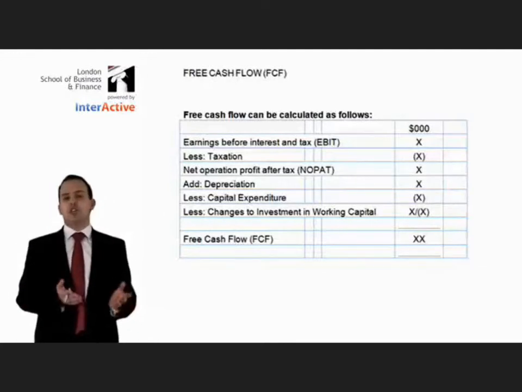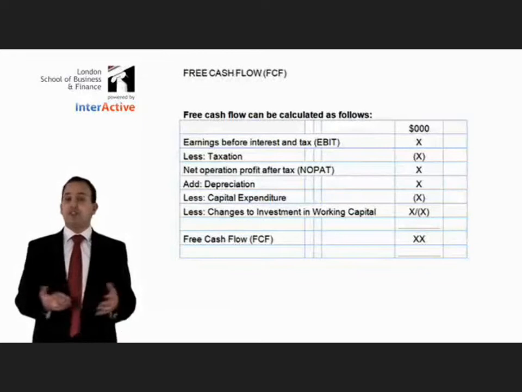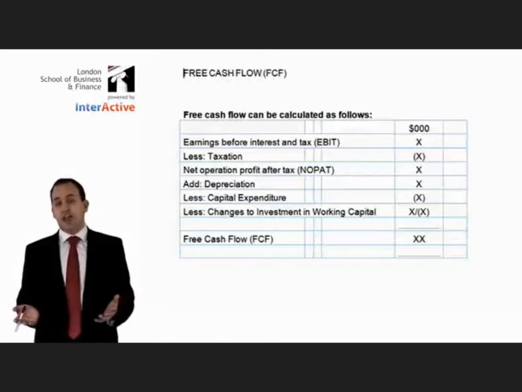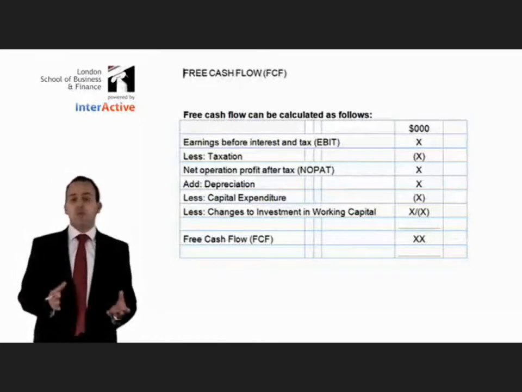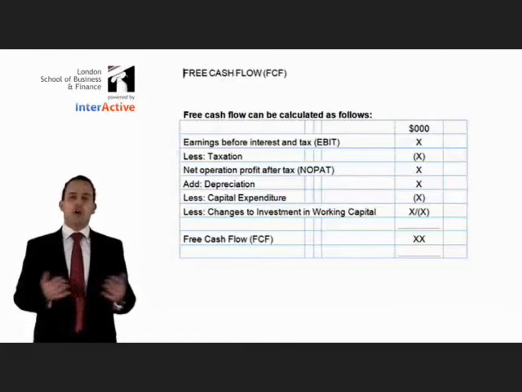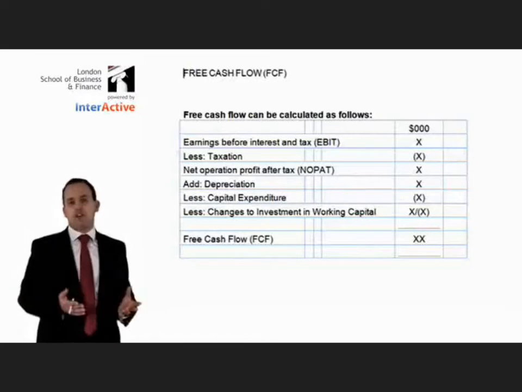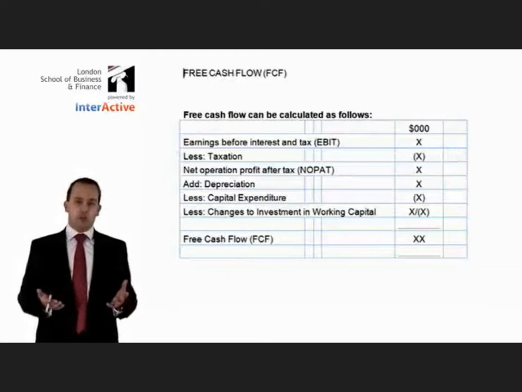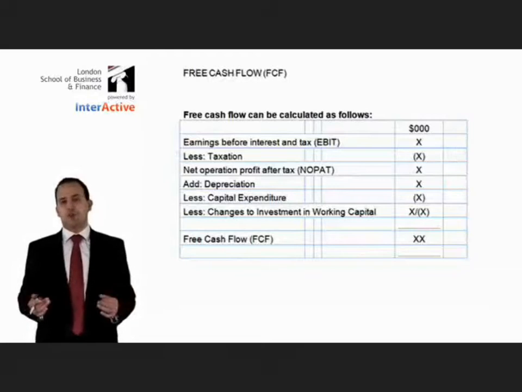We then need to adjust the figures for any investments that we have to make, because obviously this is going to be a reduction in the cash that the company has, and then make an adjustment for any working capital, such as purchasing of inventory or paying creditors, etc., which again haven't been included directly within the operating cash flows that we've looked at before.